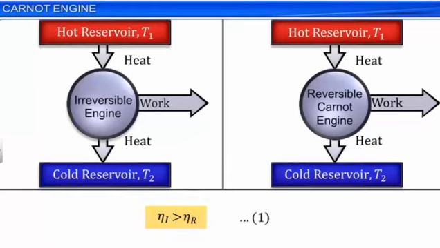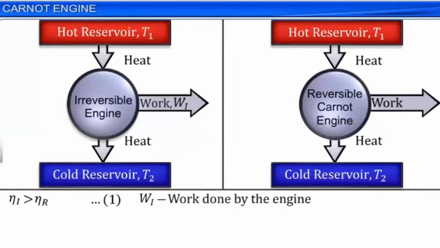If eta I is greater than eta R, then the work done by the engine I must be greater than the work done by the engine R. If Wi is the work done by the engine I and Wr is the work done by the engine R, then Wi is greater than Wr.